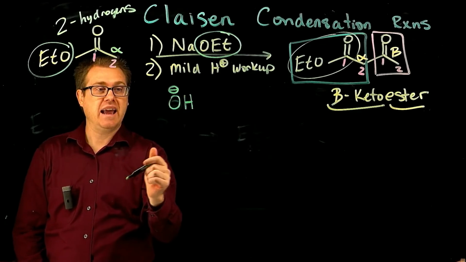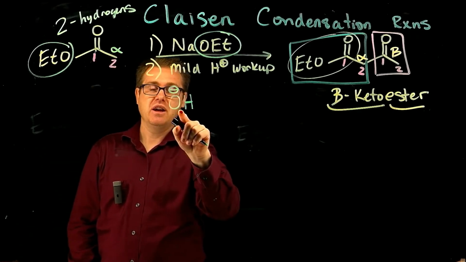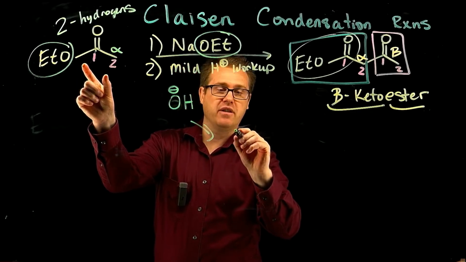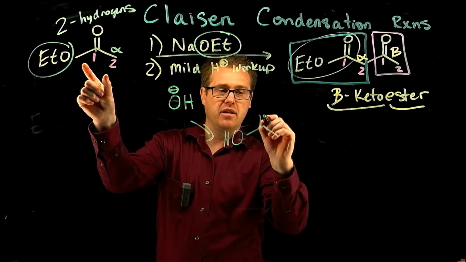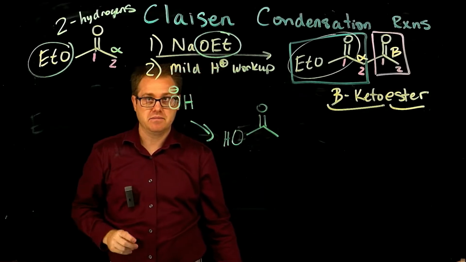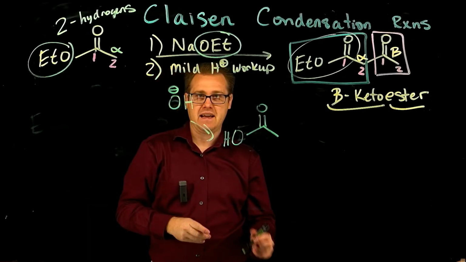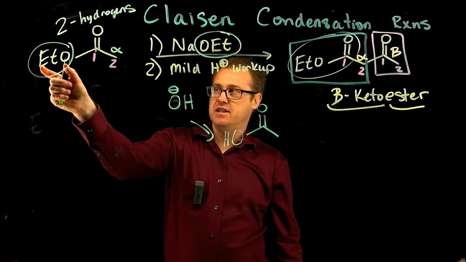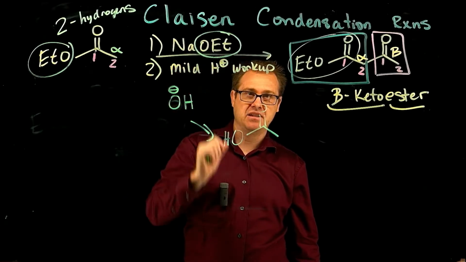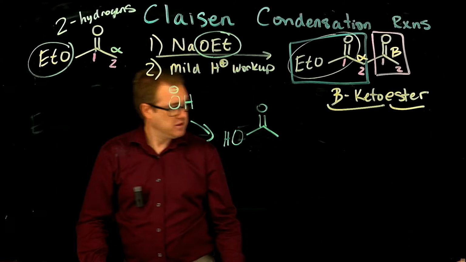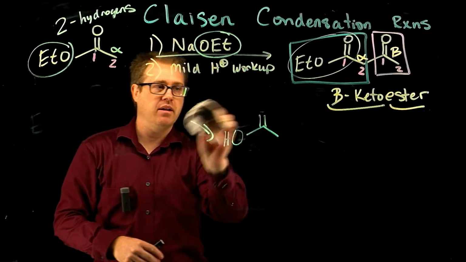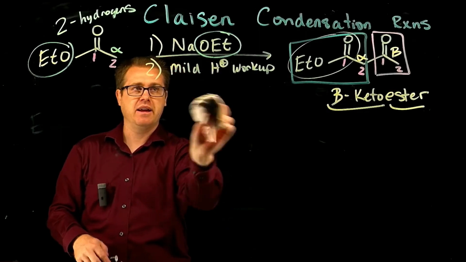You hydrolyze the ester. If you choose hydroxide as your base, you will take this guy and convert it into a carboxylic acid. You don't want that to happen. So you need to use this, and that has to match. That's the other rule that you need to be aware of with Claisen condensation reactions.